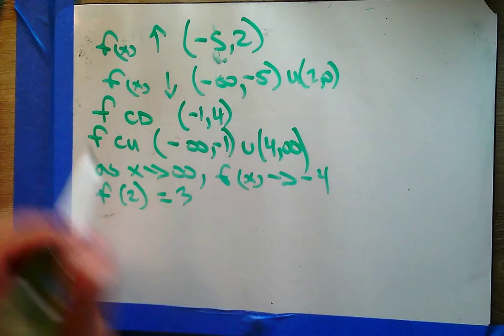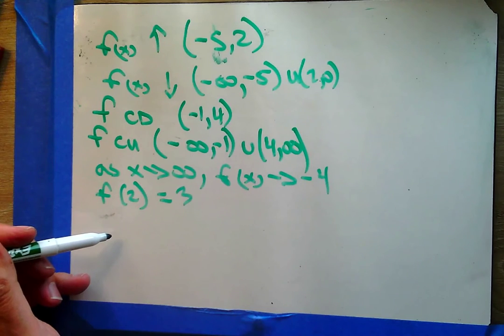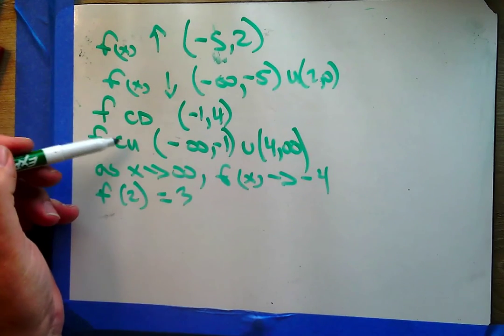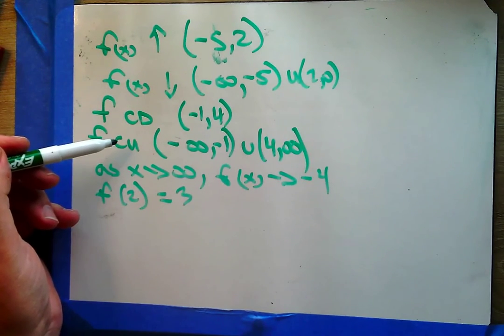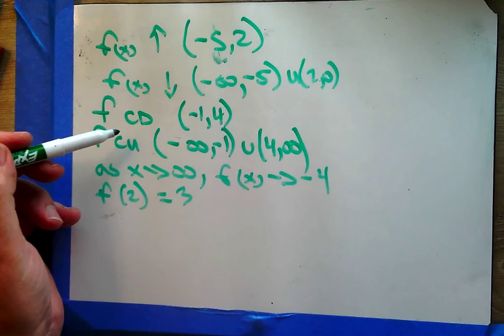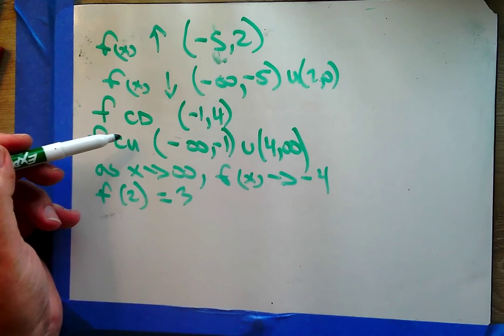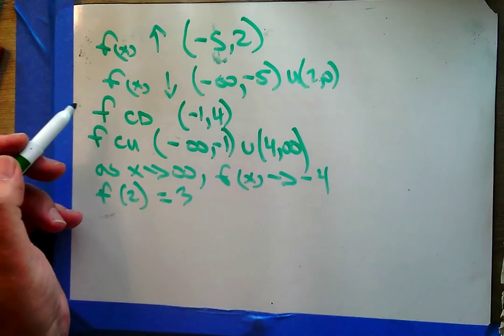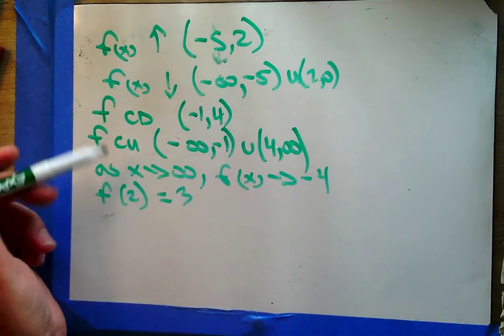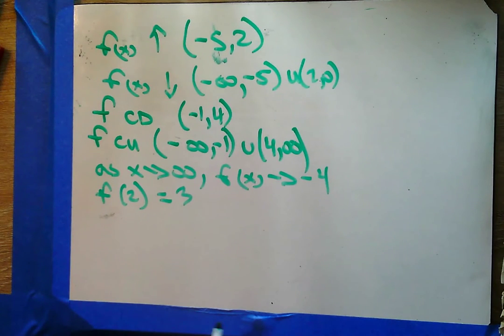All right, so that's a lot of information, and we'll learn calculusy ways of finding all this information, or much of this information, by the time we get to chapter 5. But right now, I just want you to pull all this information together and turn it into a graph.